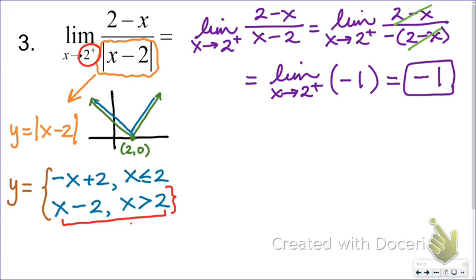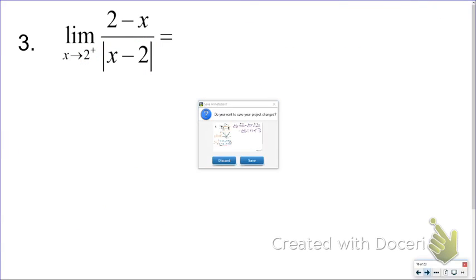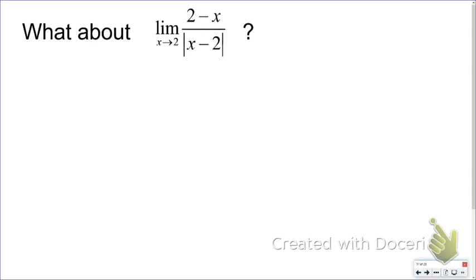Okay, continuing on here, related to this, what if the question was the limit as x approaches 2 instead of the limit as x approaches 2 from the right? The same question, except what's different here is the target value, right?